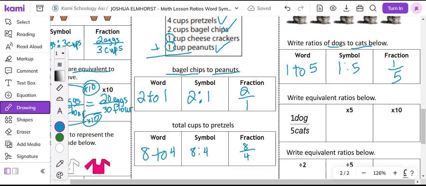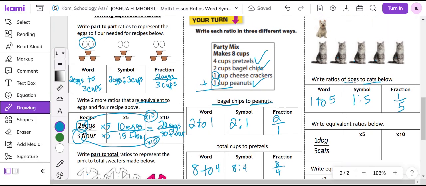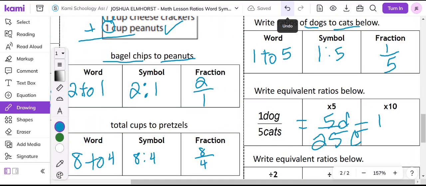So now if that is just a sample, and let's say we multiply each one of those by 5, so we got 5 dogs over 25 cats, and that would be equal to times 10. If we had 10 dogs, we would have 50 cats.